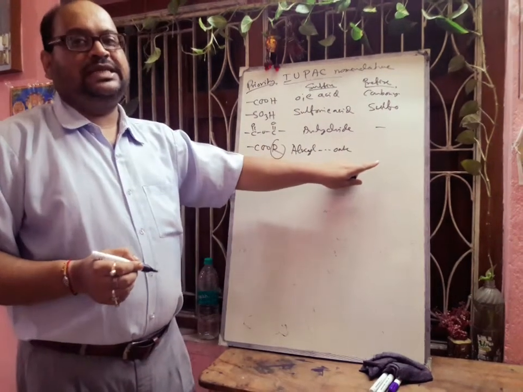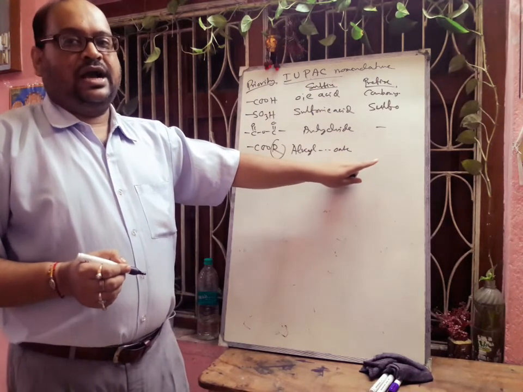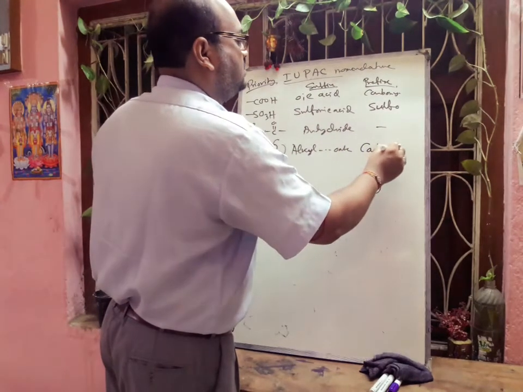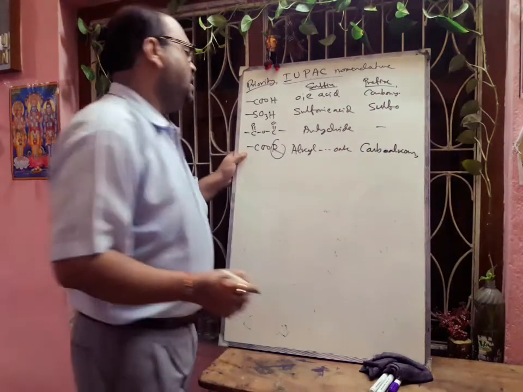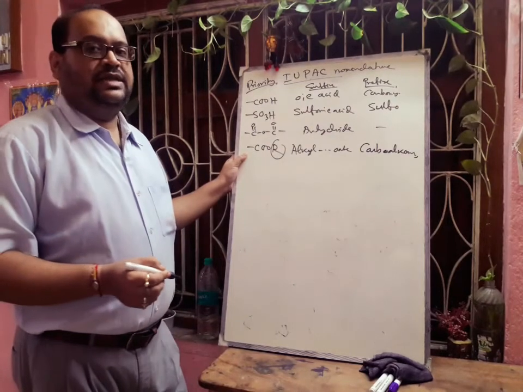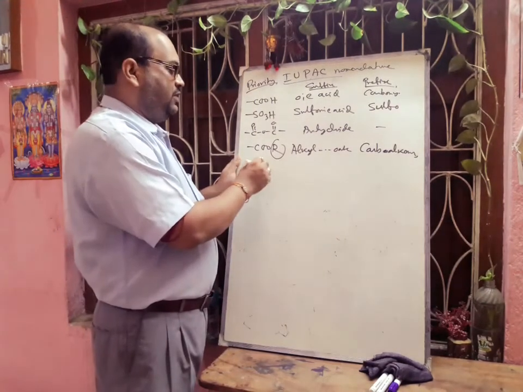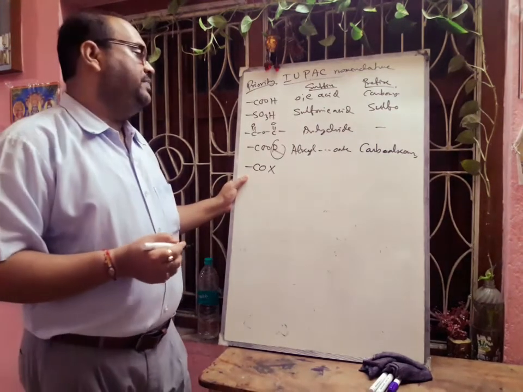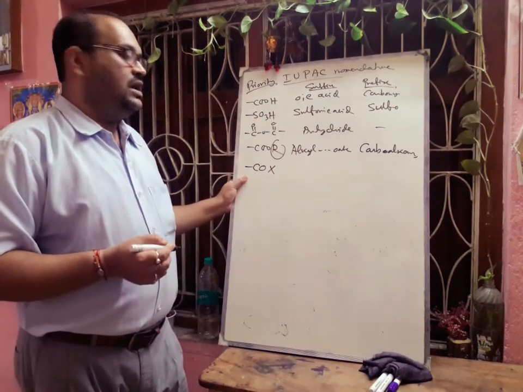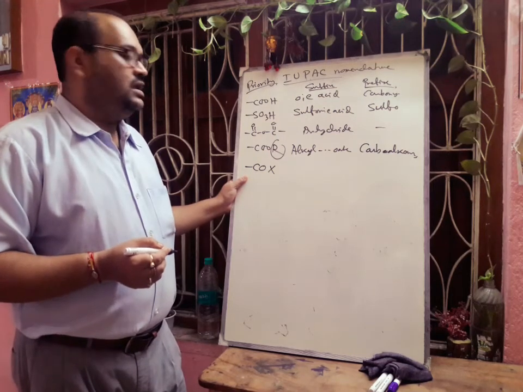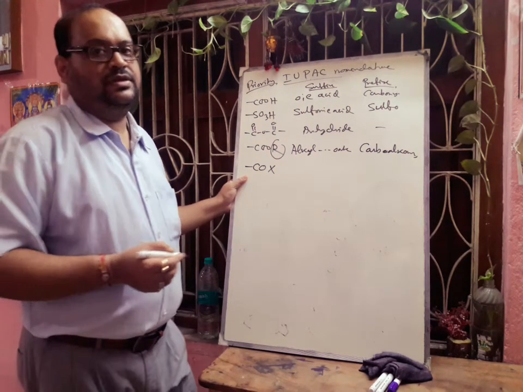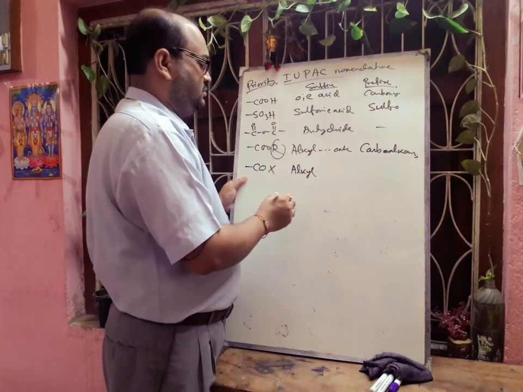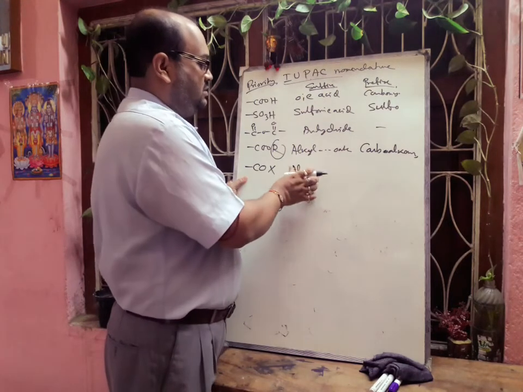And what will be the prefix here? The prefix will be carboalkoxy. After ester, there will be the position of the acid halide, COX. X may be fluorine, chlorine, bromine, iodine, and it will be acyl chloride.